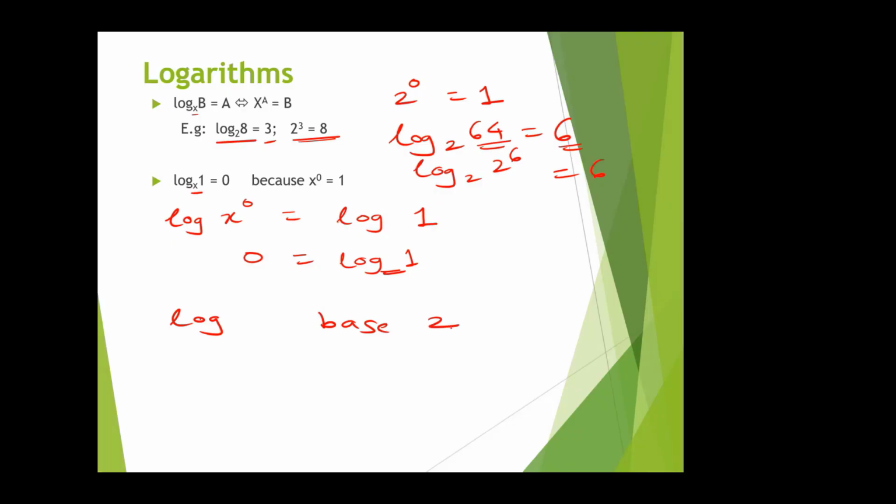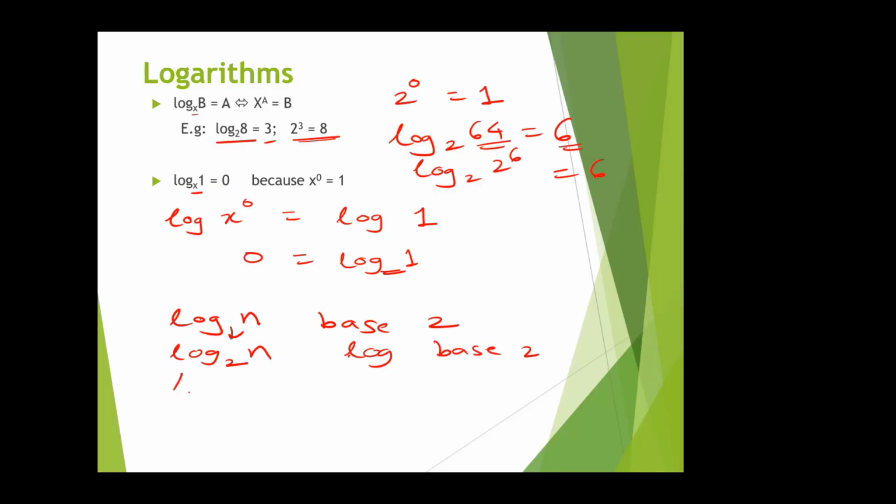So for algorithms, when we are calculating time complexity, for example binary search, where we are dividing the problem, if we say the time complexity of binary search is log n, then it is always base 2. Unless otherwise specified, whenever you see log n, you always assume that this is log base 2. That is the general assumption.